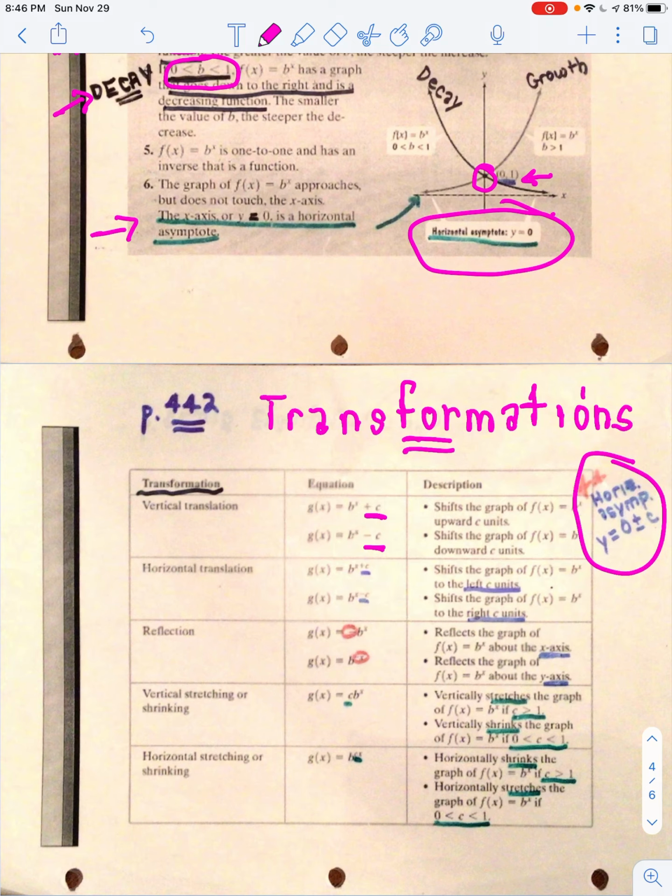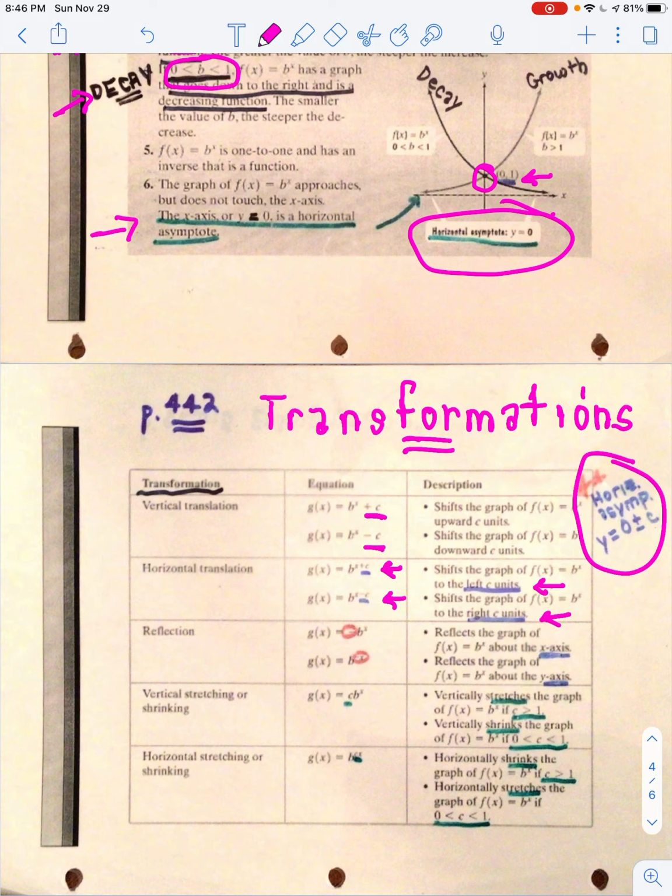For horizontal translation, take a look at the plus and minus c. When it's plus c and it's the power, the base b raised to the x plus c, that's going to shift the graph to the left, the opposite of what you expect. Whereas the base raised to the power x minus c shifts that graph to the right.